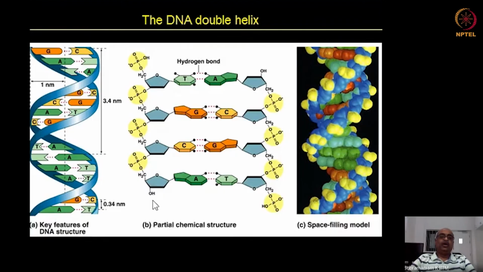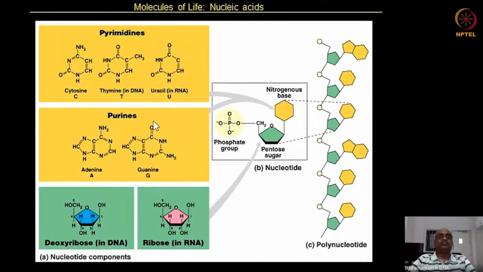If you have one polynucleotide chain and another one adjacent, the nitrogenous bases project towards each other, and the atoms of the nitrogenous bases come close enough for hydrogen bonding to happen. See here you have this strongly electronegative oxygen. If a hydrogen comes from nearby, then you can have a hydrogen bond here, and so on.